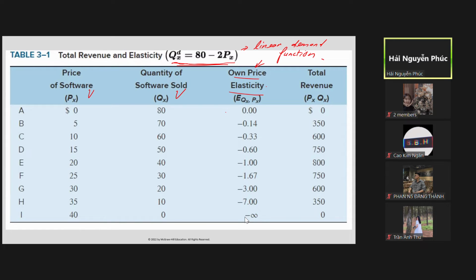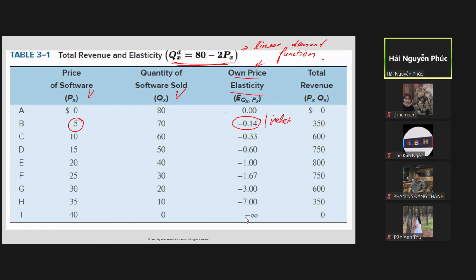Now let's take an example. At the price of 5, we're going to have the price elasticity equal to minus 0.14. In other words, we say at the price of 5, demand is inelastic.